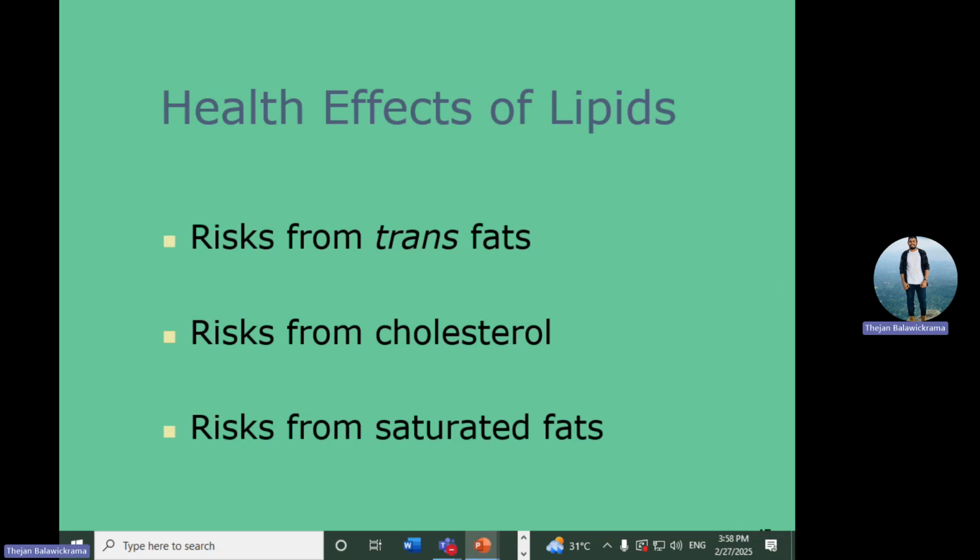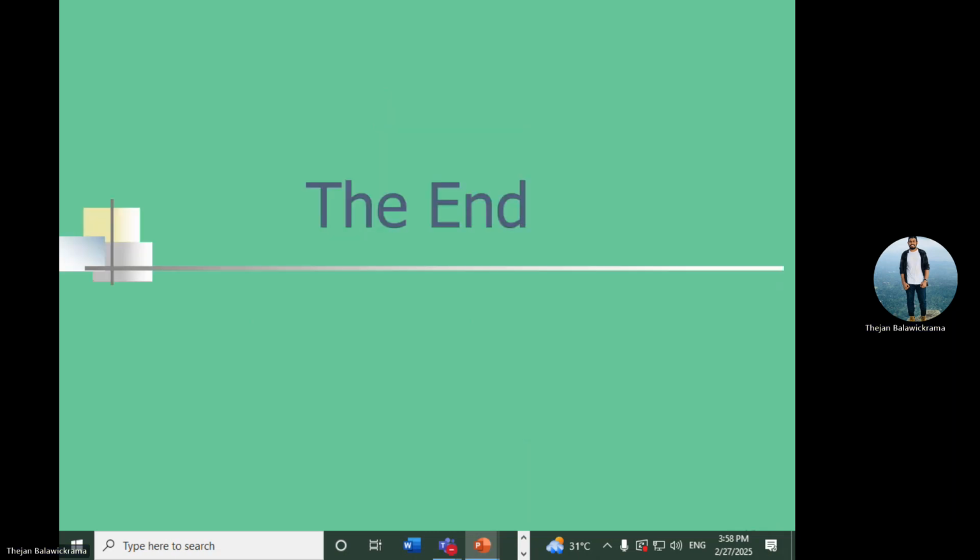Well, when it comes to health issues, we have health issues from trans fats, from cholesterol and from saturated fats. That's the end of the story.